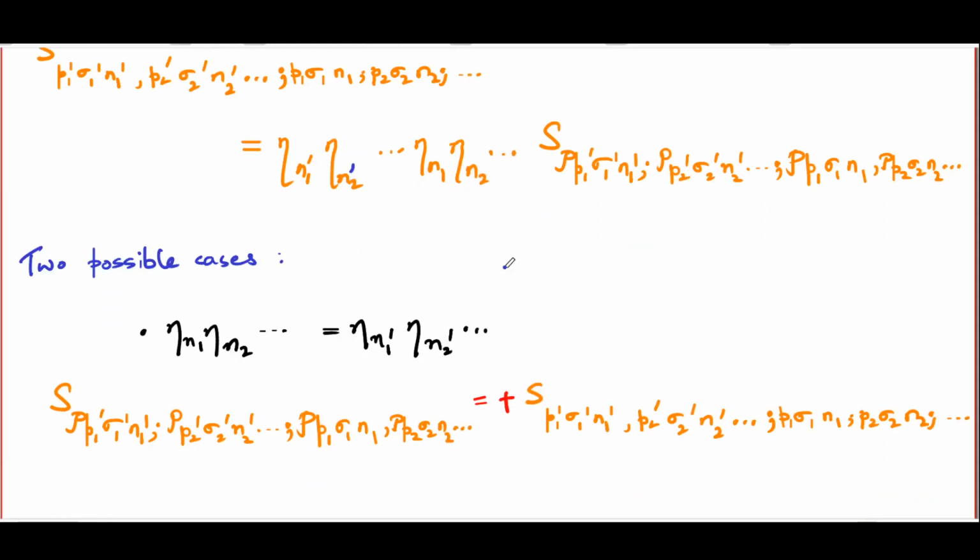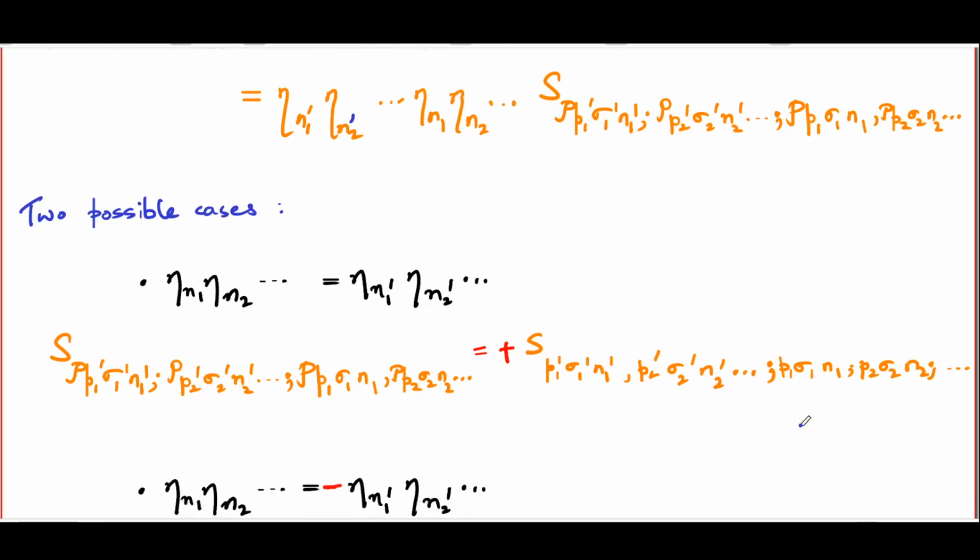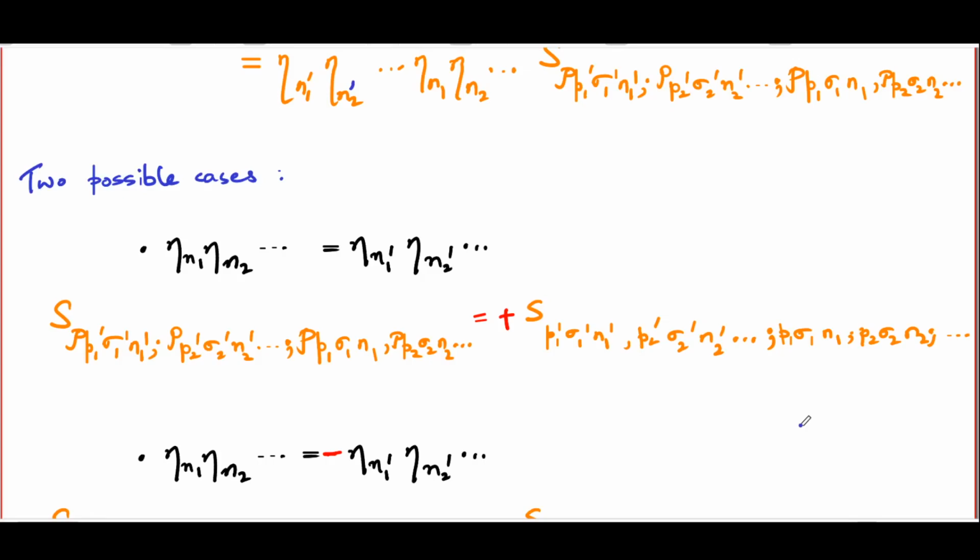And so what you have is this result. The S matrix element will not change at all when you change all the momenta, in fact all the three momenta of the particles involved, to their negatives, leaving everything else the same. The other possible case is when the product of the intrinsic parities of the particles present in the remote past and the remote future are different.